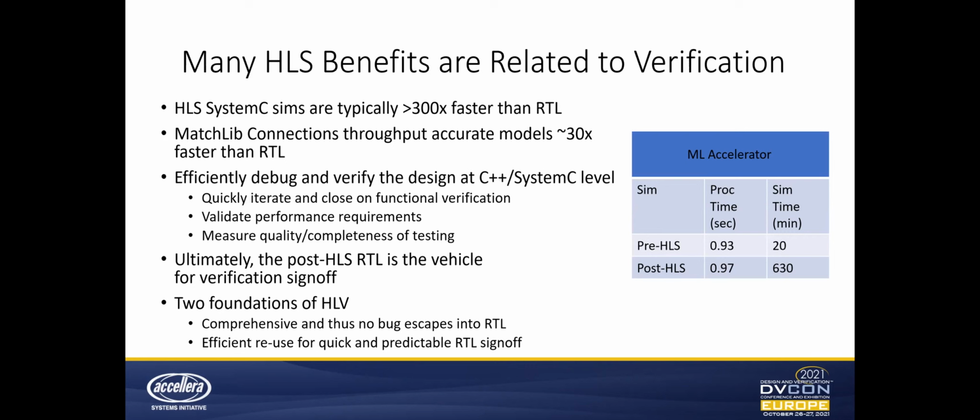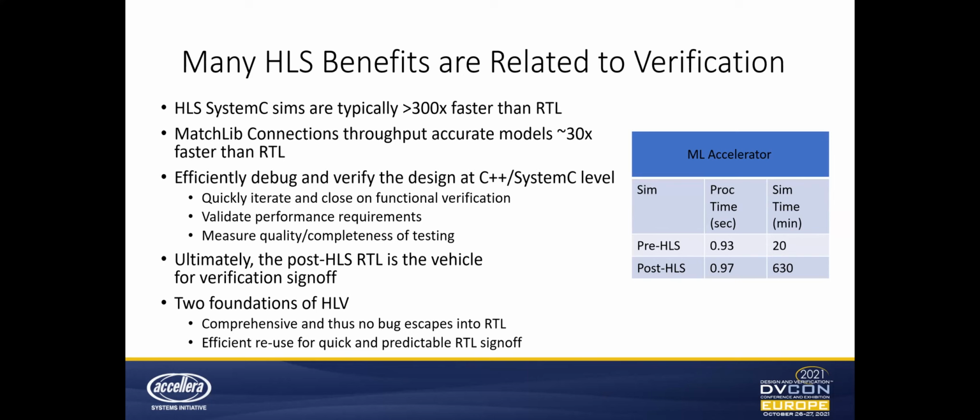Going beyond these benefits to the design process, there are also several advantages to verification when it comes to high-level synthesis. Purely from the aspect of performance, SystemC-based simulation has been shown to be about 300 times faster than equivalent RTL sims. With timing accurate modeling in place via something called Matchlib connections, and I'll talk about that here in just a bit, things do slow down for the sake of better accuracy, but we're still talking about 30 times faster than RTL.